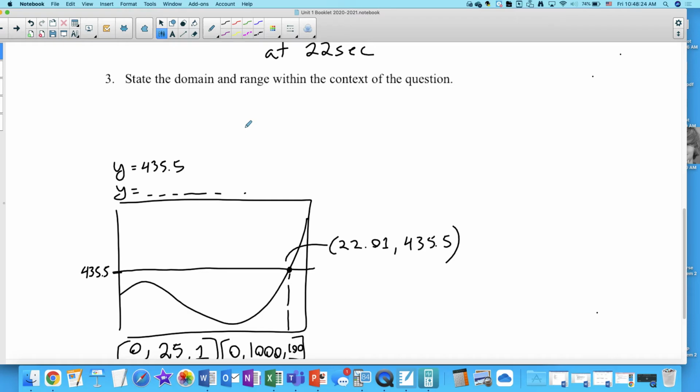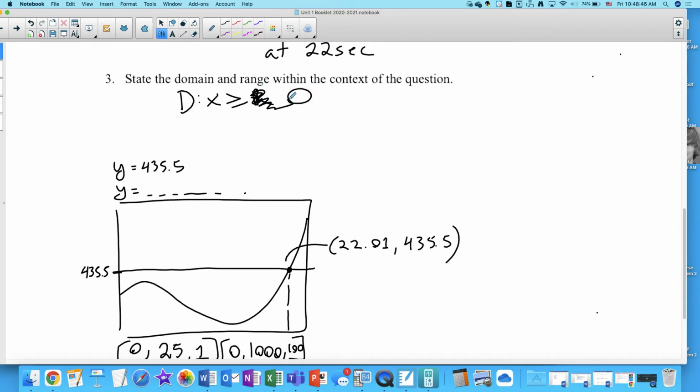No. So actually the domain is just x is greater than or equal to 0, real numbers. That would make sense. And then for the range, if you're thinking about y being a distance, it kind of makes sense that y should be greater than or equal to 0.